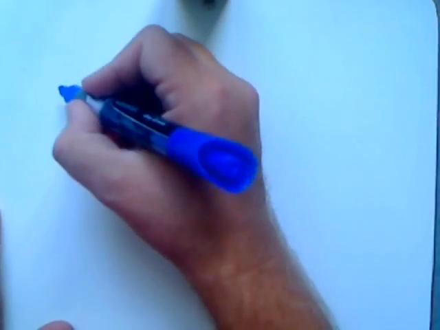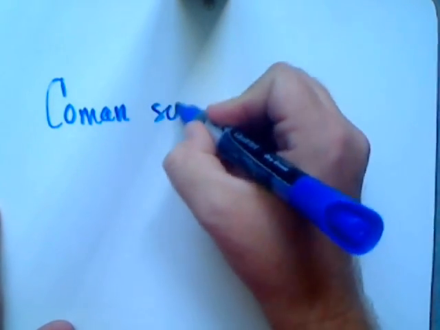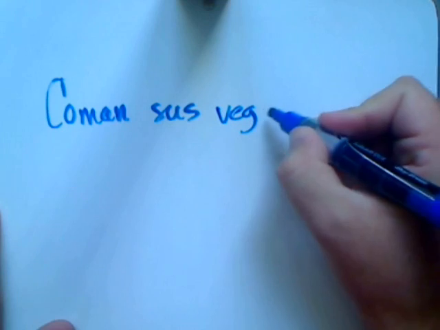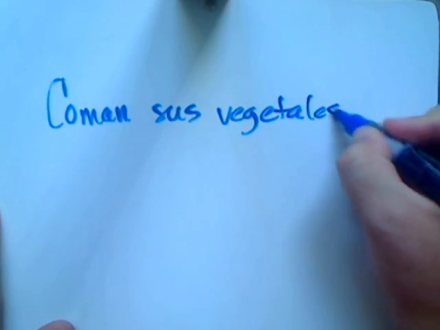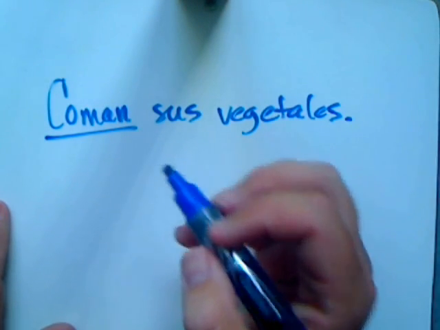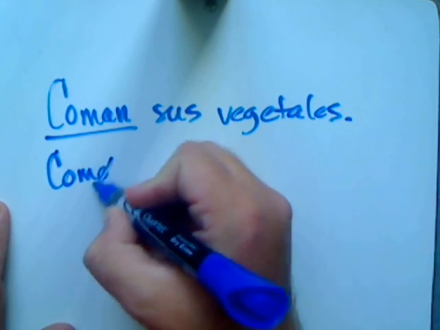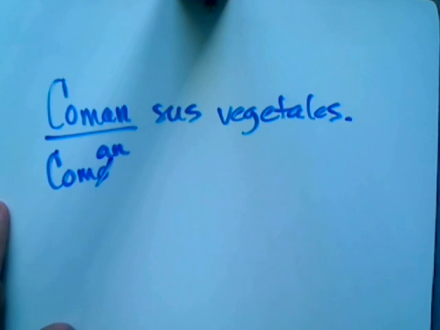How about an affirmative command in the plural? Like I'm talking to a bunch of kids at lunch and I might say, coman sus vegetales. Right? Again, this is the form in the present subjunctive for ustedes. Coman comes from the yo form, como, adding the plural opposite vowel ending for the present subjunctive.